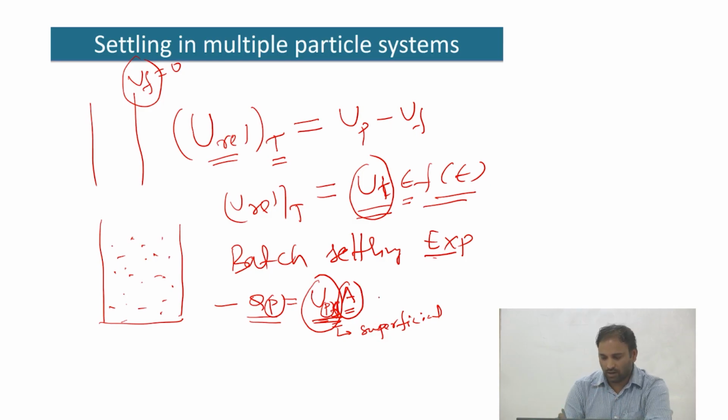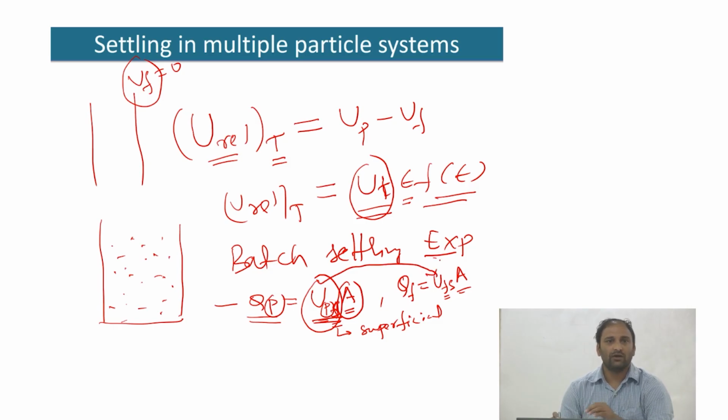Similarly, if I define the volumetric flow rate for the fluid, that is QF, and the velocity with which the fluid is moving is again F for fluid and S for superficial. Again, if I use the entire cross-sectional area of the container, these velocities are called superficial velocities.